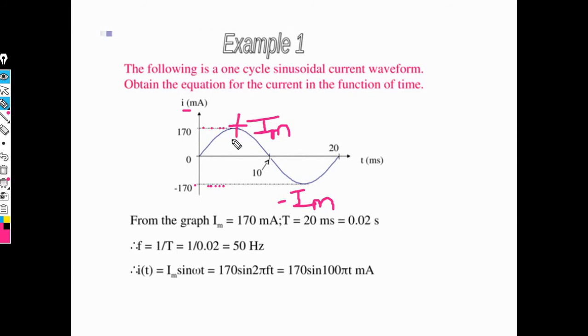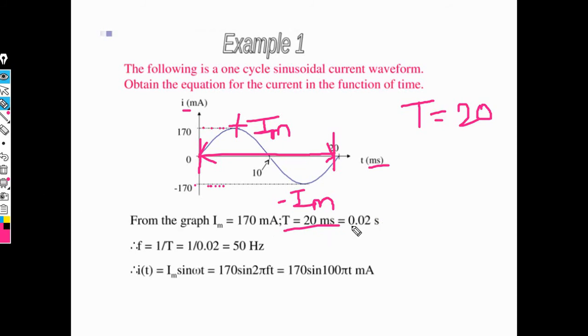The total time is given, that is 20, and the time is in millisecond. This is the total time from 0 to t, that is t is equal to 20 millisecond. This time will be converted into seconds, that is 0.02 second.